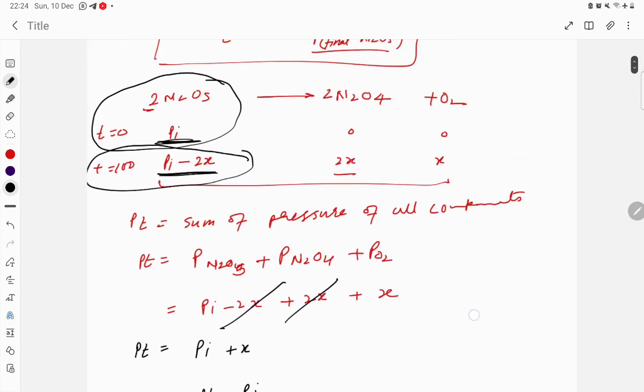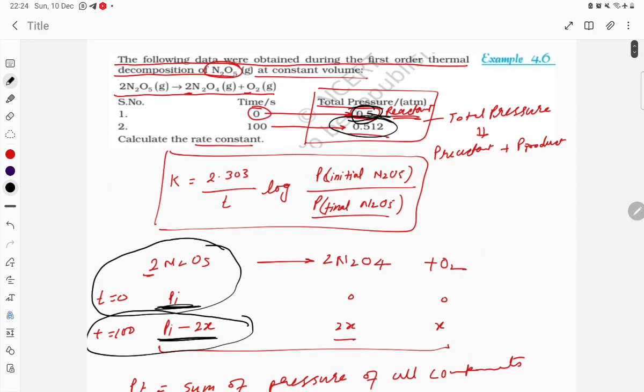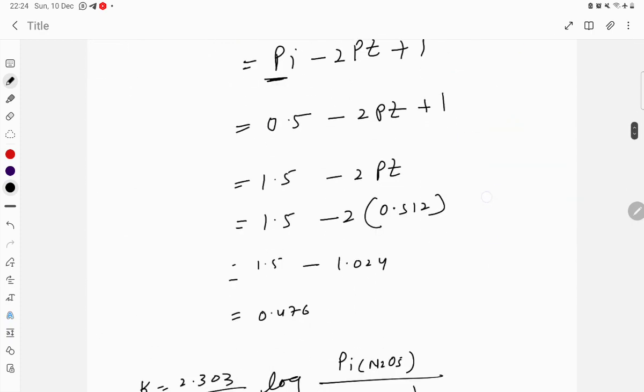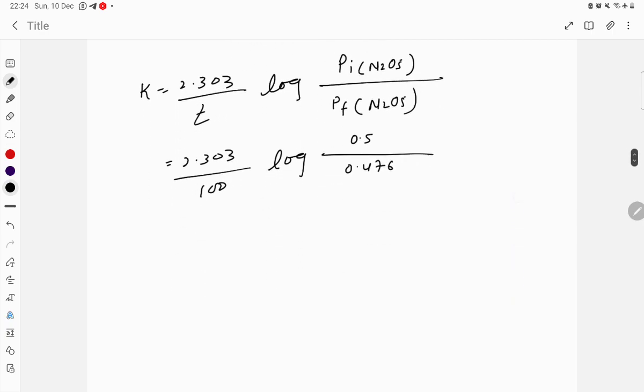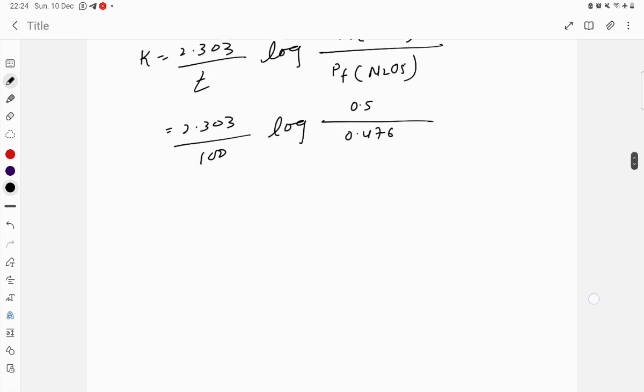Where is it given in the table? Here you see 0.5. The final value we just now calculated, 0.476. Now what we can do, student, in this one, you should know the log values. Then only you can solve this one. So let us solve this one. 2.303 upon 100, log a by b means what, student?